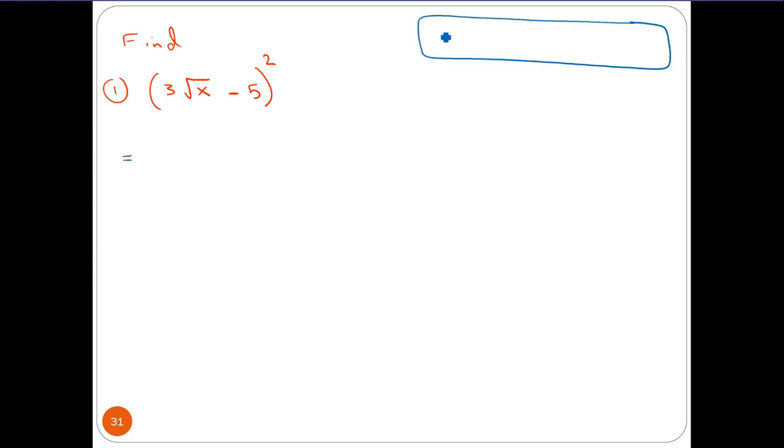شوف القانون. A minus B square, this equal the first square الأول من ربع minus 2AB 2 مضروب الأول في الثاني plus الثاني من ربع. الآن هذا قصدنا في الأول وهذا الثاني. 3 radical x, this is the first term, the second term 5.